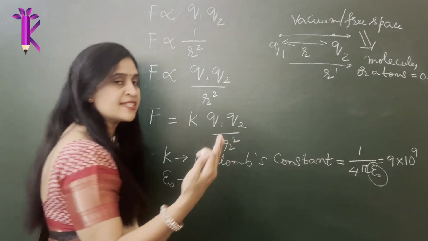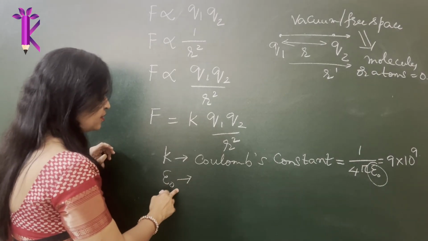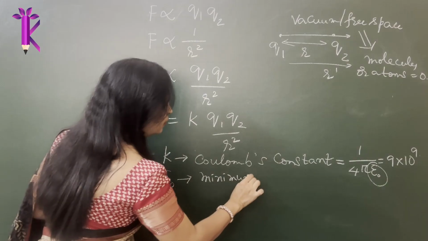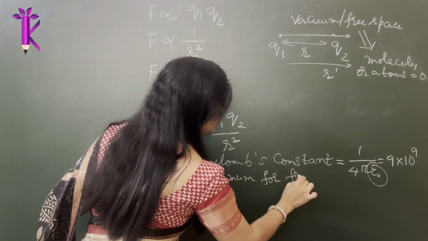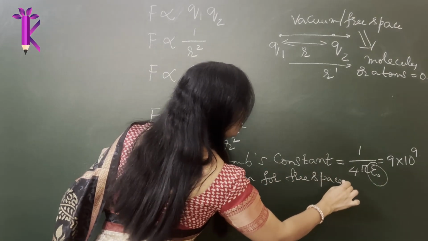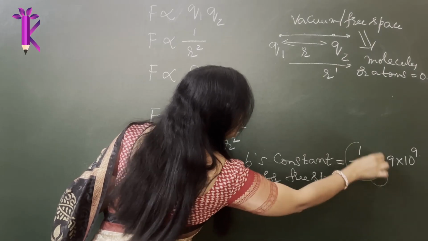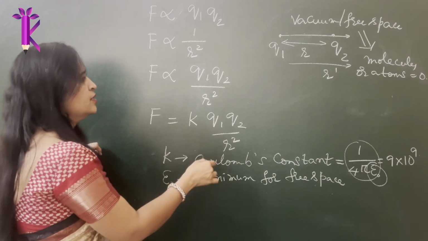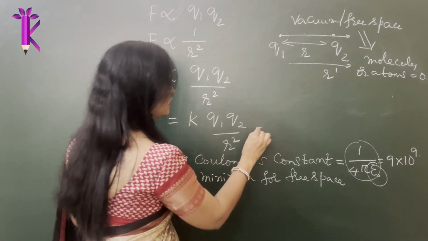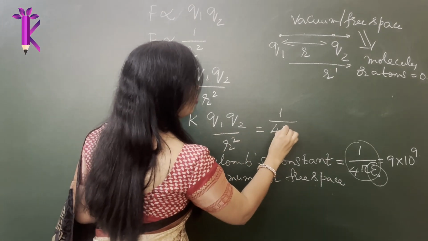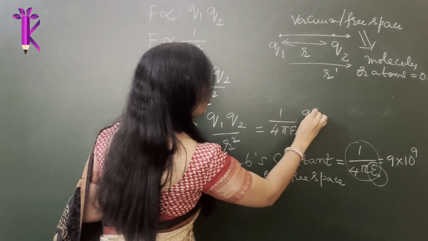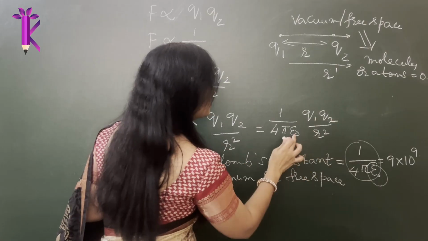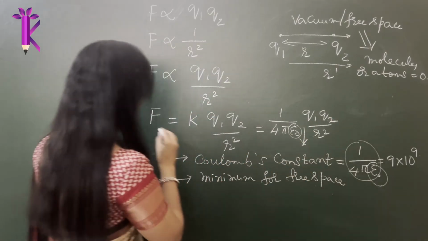It is absolutely the same way, where this epsilon naught is minimum for free space or vacuum, right? When epsilon naught is minimum, this value becomes maximum. So let's write this first. This can be written as 1 by 4 pi epsilon naught Q1 Q2 divided by R square. So if epsilon naught is minimum, what will happen to the force?